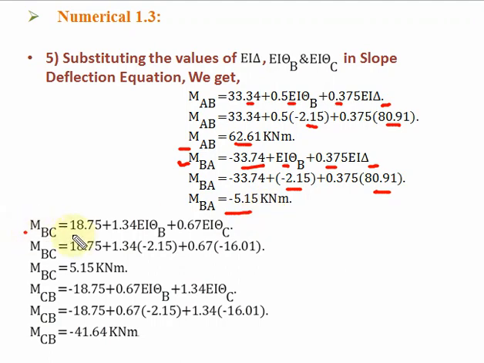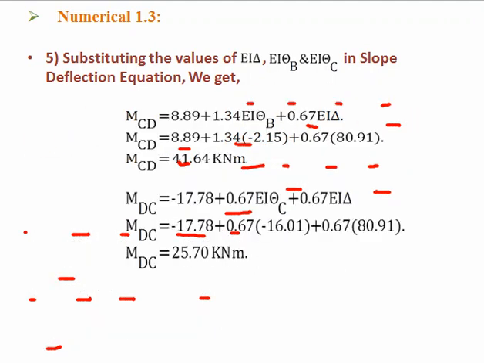Then MBC is 18.75 plus 1.34 EI theta B plus 0.67 EI theta C. Putting the values, we have MBC 5.15 kilonewton meter. Then the MCB equation is minus 18.75 plus 0.67 EI theta B plus 1.34 EI theta C. Putting the values of EI theta B and EI theta C, we have MCB minus 41.64 kilonewton meter.